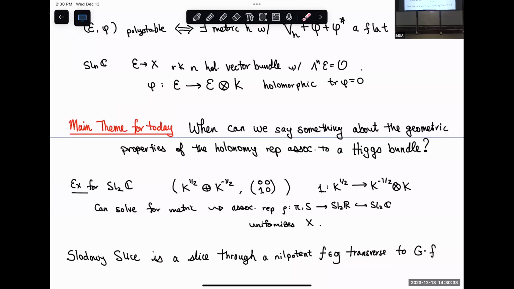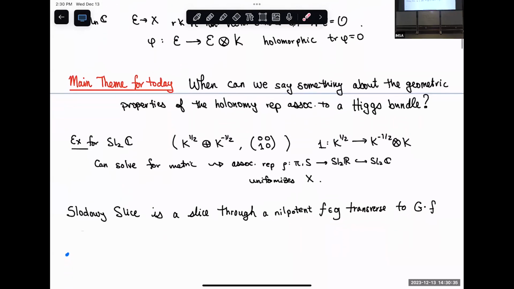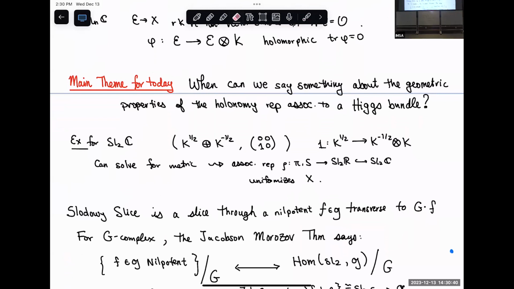So how do you construct these things? It's going to use a theorem from Lie theory called the Jacobson-Morozov theorem. For G complex right now, there's a version for when it's real, but I'm sticking to the complex case.